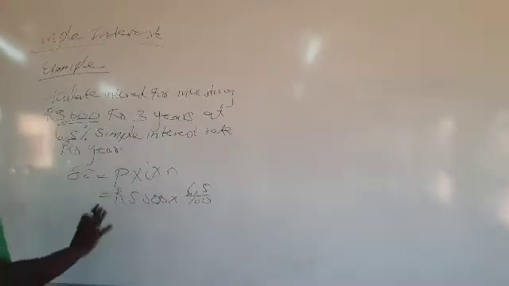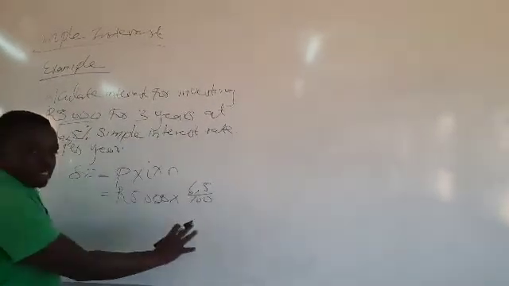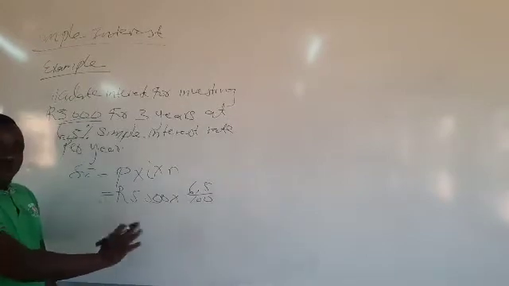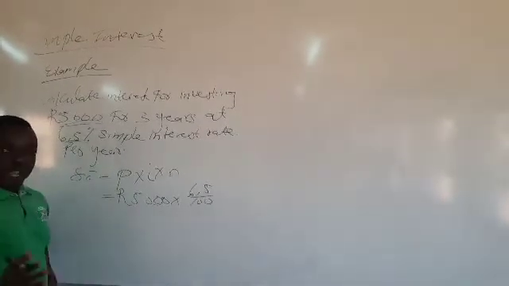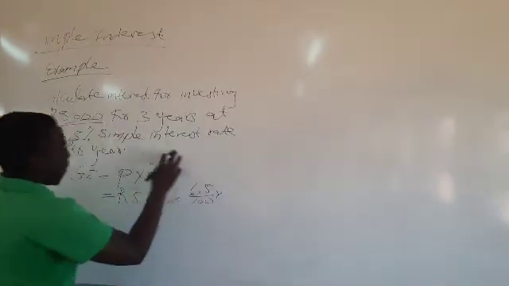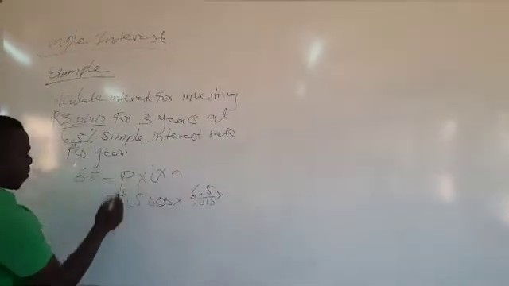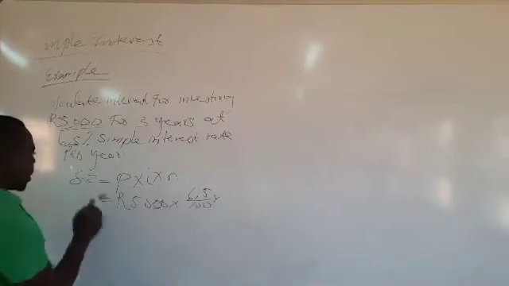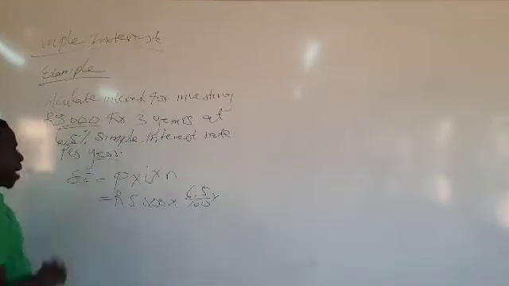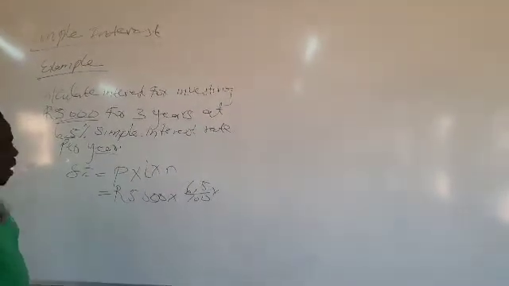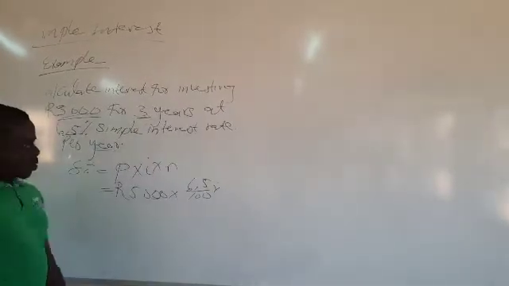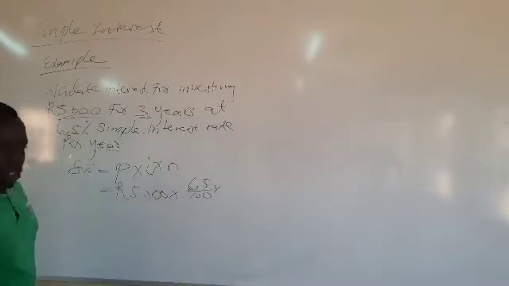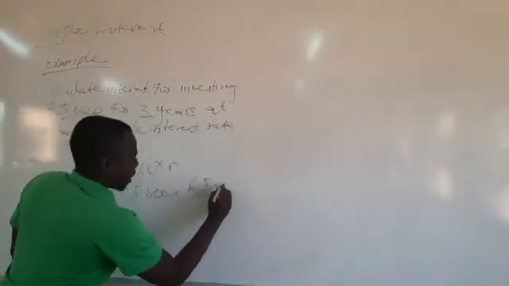So now when it comes to calculations, you may express it in the form of fraction or decimal, then multiply by the number of years, or then the period. If it was per month, it means we multiply by months. If it's year, you're going to multiply by the period, which is number of years. So we're going to multiply by 3.